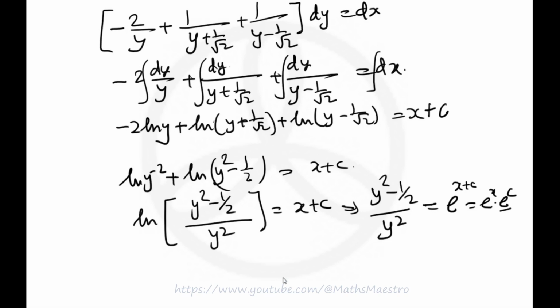Here e to the power c also remains a constant. We can choose any other constant than c, and let us write this as c1. So I can write it y square minus 1 is equal to y square c1 e to the power x.